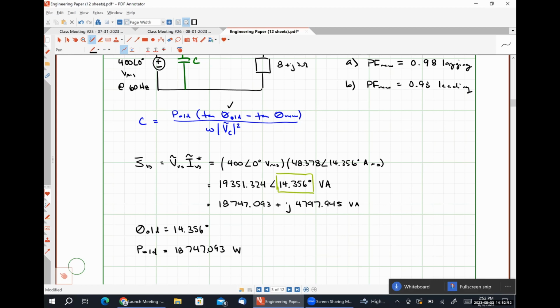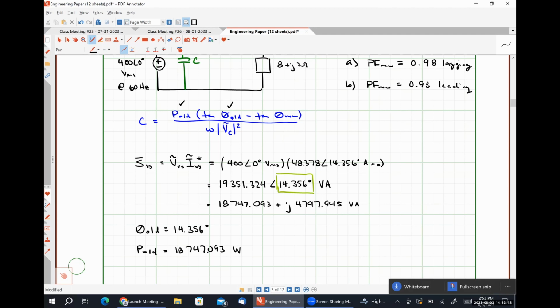Okay. So we have this part right here. Theta nu would be the J part of that. Would it be 4,797.945?